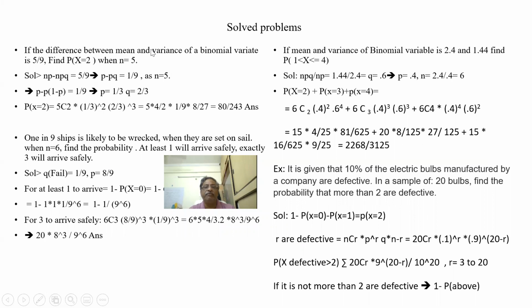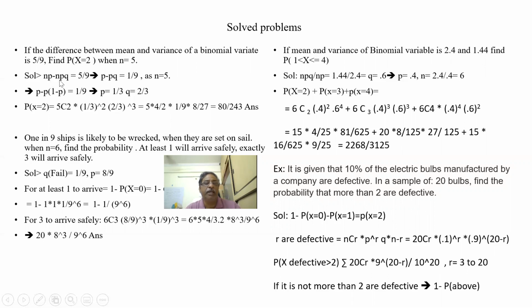If the difference between the mean and variance of a binomial variate is 5 by 9, find p when n is 5. What is the mean? np. What is the variance? npq. Which is more, np or npq? You see, q is always less than 1, and p is also less than 1, because they are probabilities. As q is always less than 1, if I multiply np with q, it will be less than np.